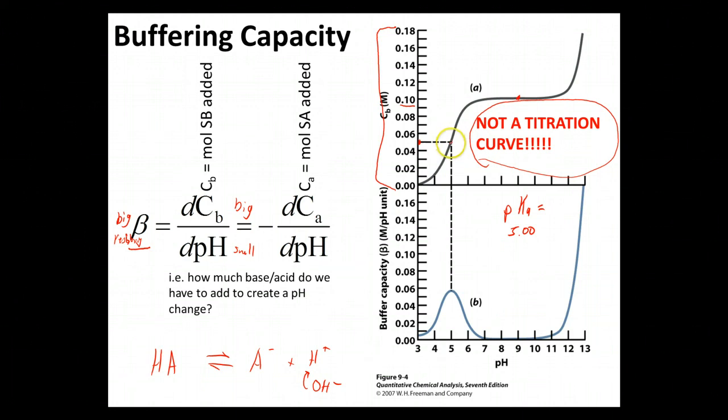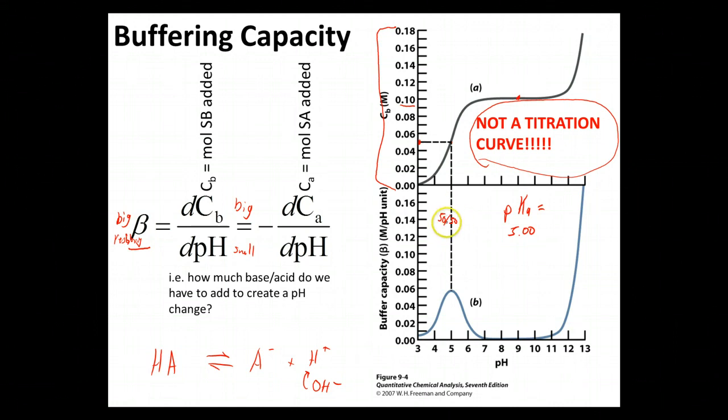Now think through what that really means. It means that right now, we have 50-50 of our acid and base forms. If we add a little bit more acid or base, we're going to just barely unbalance this fraction. The number is going to stay very close to the number 1.